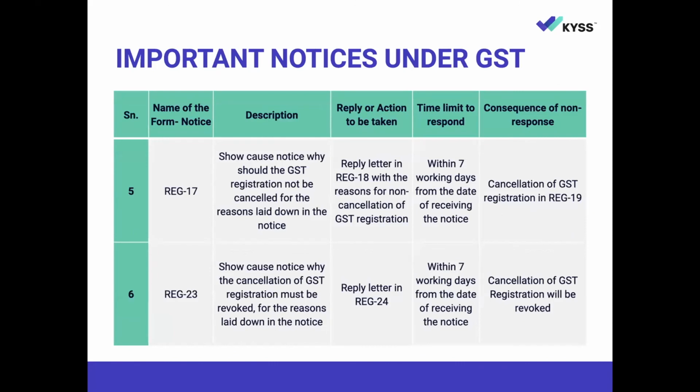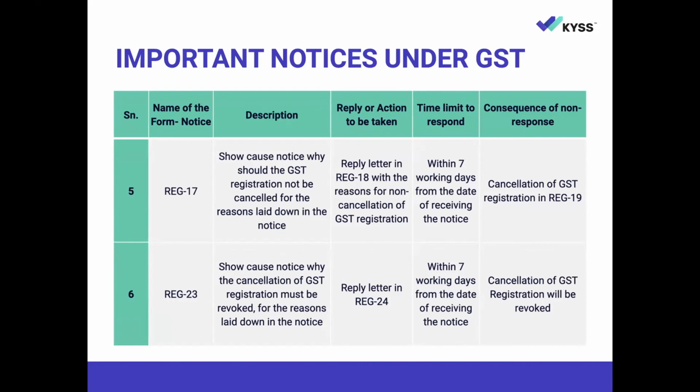The next two forms of notices again are quite common, and a lot of our participants may have seen this. REG 17 is the show cause notice for cancellation of GST. Why GST should not be cancelled? That is REG 17, a show cause notice. Show cause basically means the taxpayer needs to explain to the department as to why the department should not take a particular action.